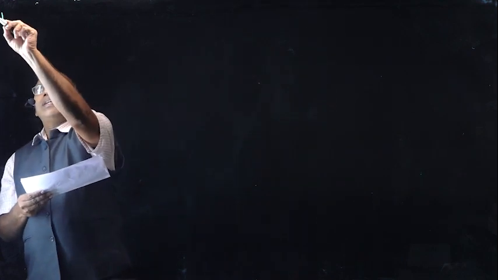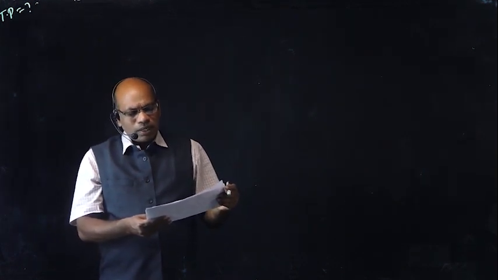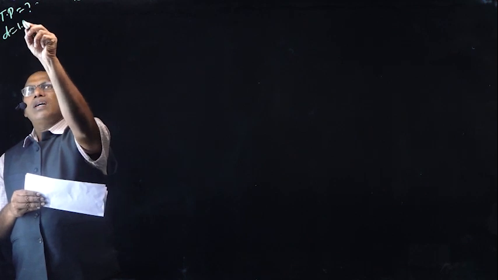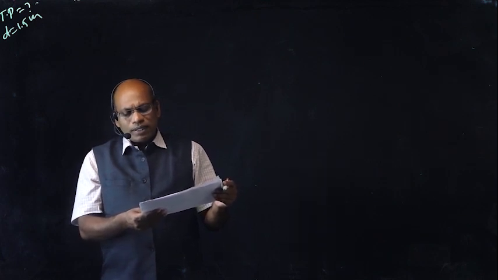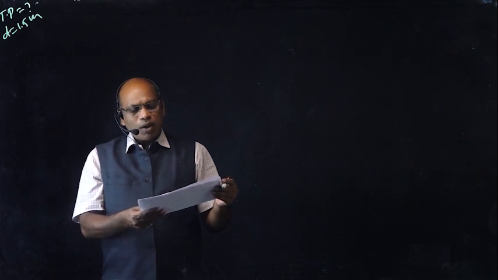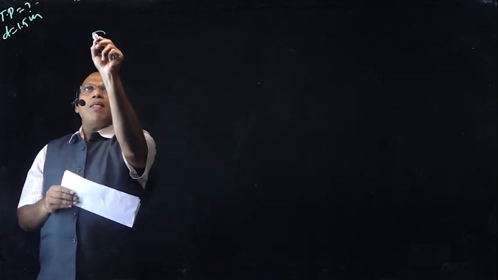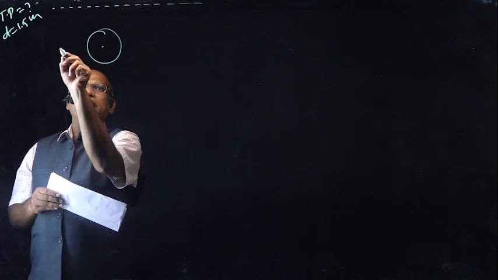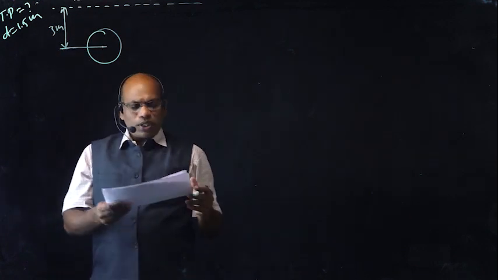Right, please note down the problem. Determine the total pressure on a circular plate of diameter 1.5 meters, which is placed vertically in water in such a way that the center of the plate is 3 meters below the free surface of water.